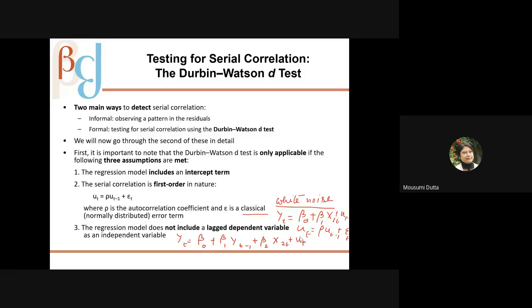So these are the three assumptions without which we will not be able to apply the Durbin-Watson test. In other words, these are the preconditions of applying the Durbin-Watson D test. Any question regarding the assumption?